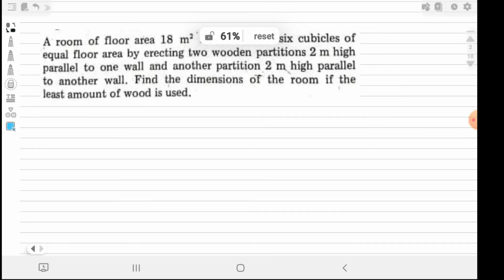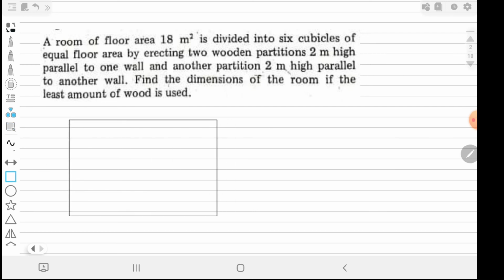So what we will do, we have a room. This is our room. And then we will make 6 cubicles, and the least amount of wood is to be used. So let's say these would be the woods that would be used.